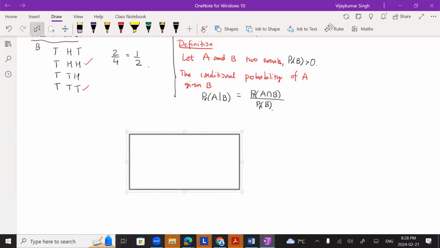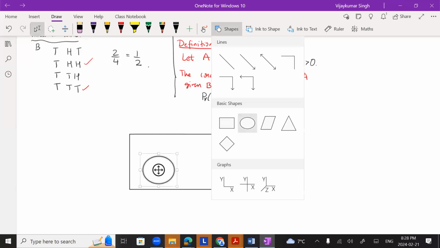So we have the following. Let this be set A, and then let's take another one.